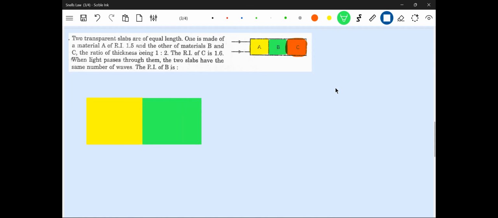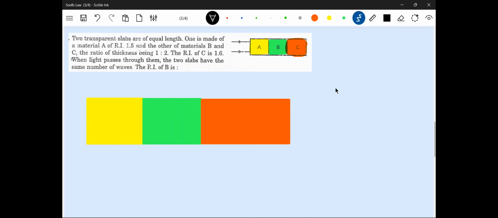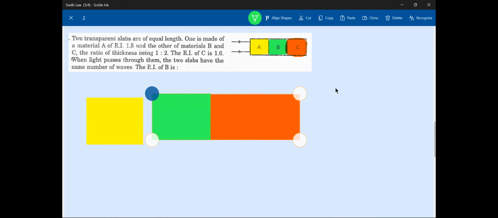Next we have the other slab, and this is slab C. Proportionally I am changing the dimensions also.